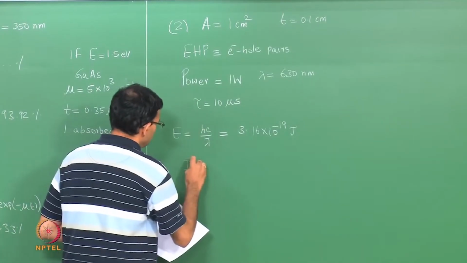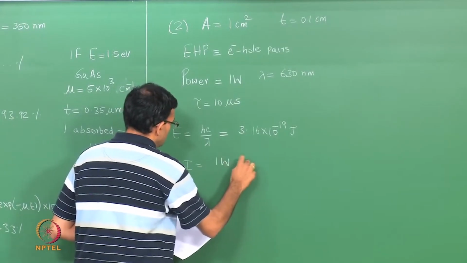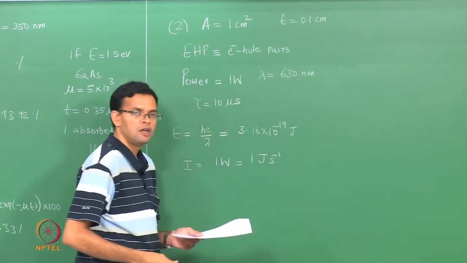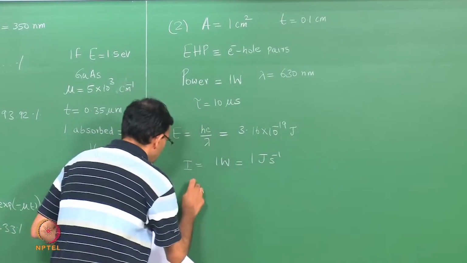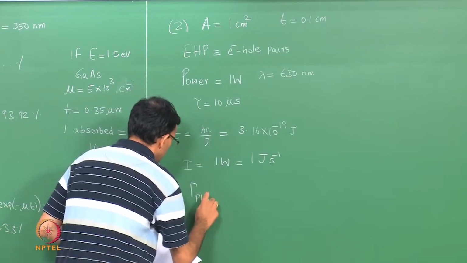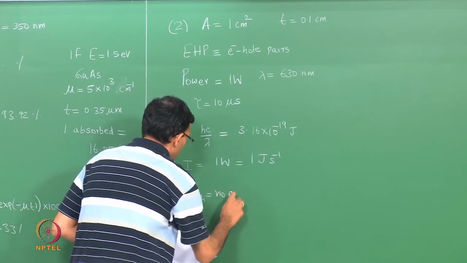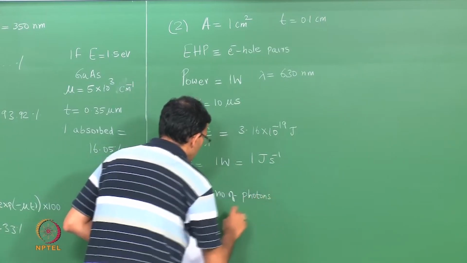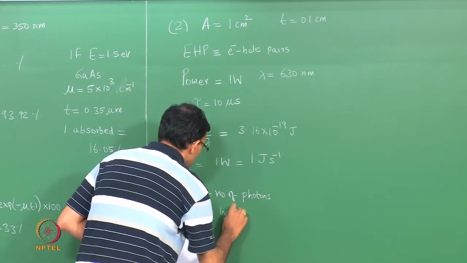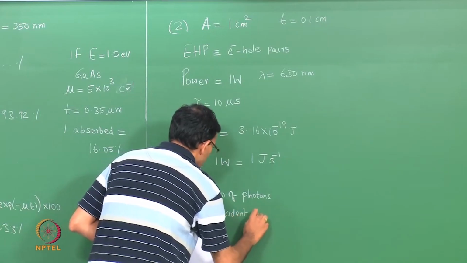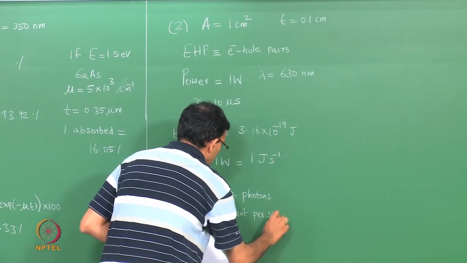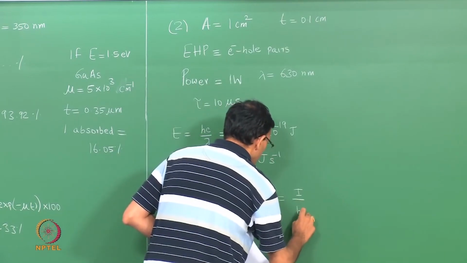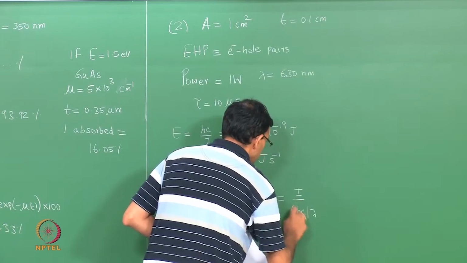So, I is 1 watt, which is 1 joule per second. So, we can calculate the total number of photons. So, this is the number of photons that are incident per second. This is equal to I divided by the energy.